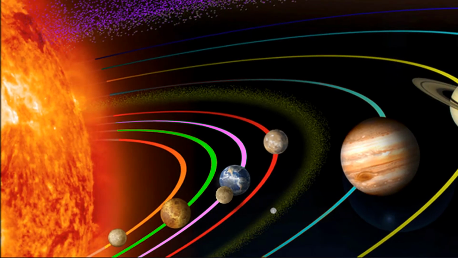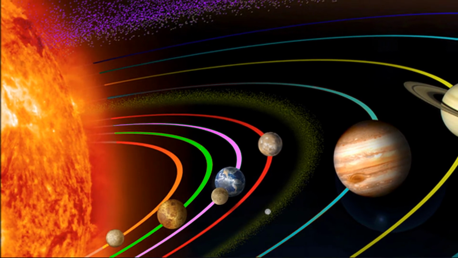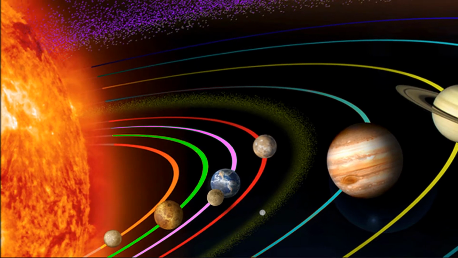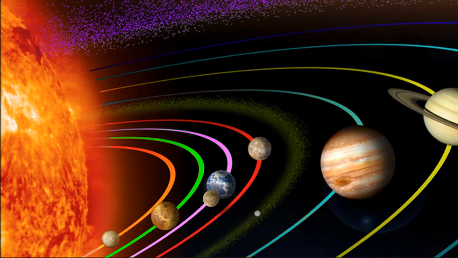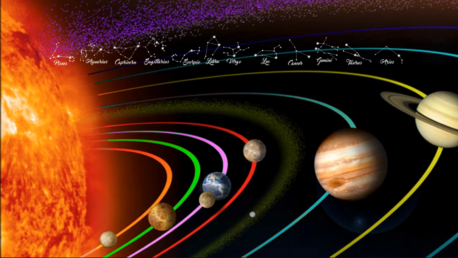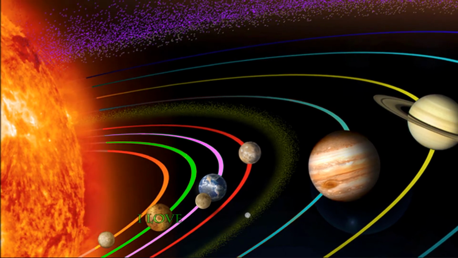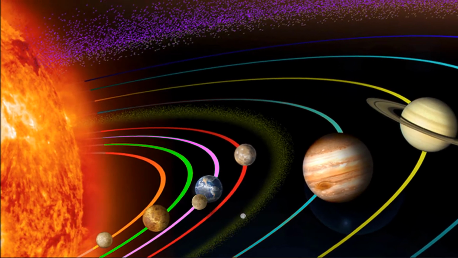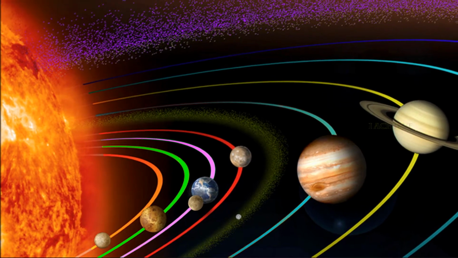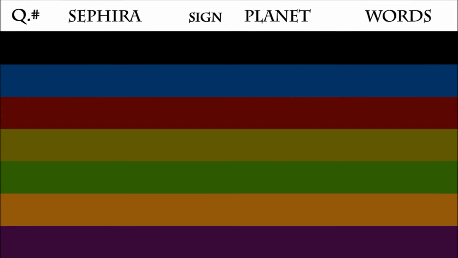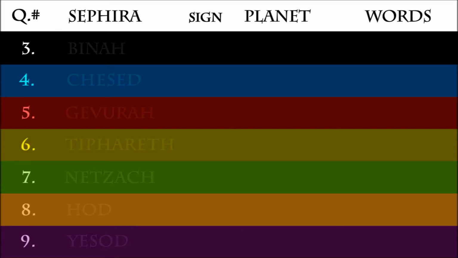One of the ways I've found to make the easiest shorthand is to ascribe words and phrases to the signs and to the planets that exemplify who they are, what they are. So for instance, I'll go through them in Kabbalistic order.